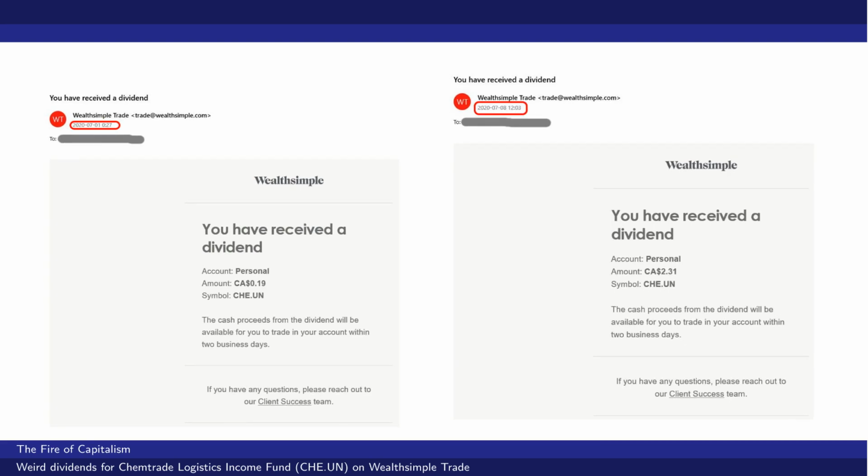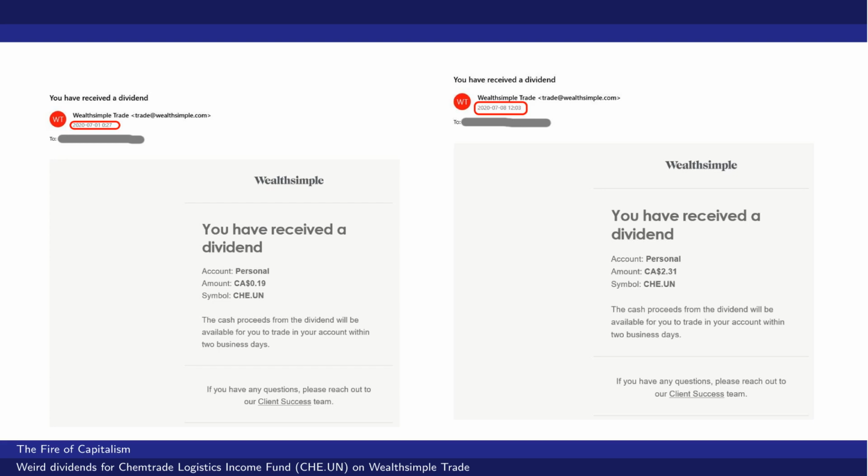I don't have the screenshots from the app because they keep only a certain number of recent transactions and recent dividends there in the app, so I don't have it for the previous month, but I do have the emails.